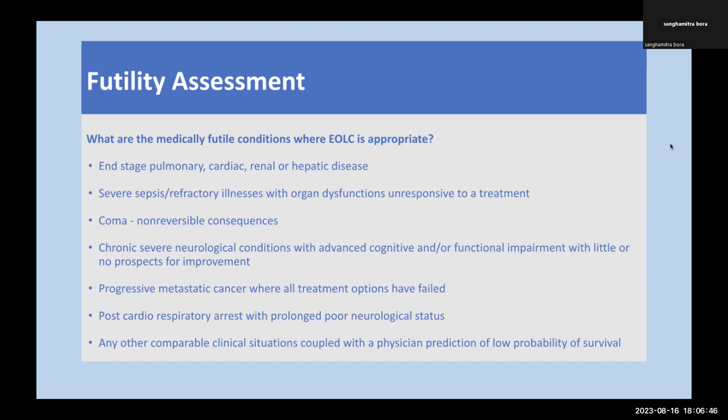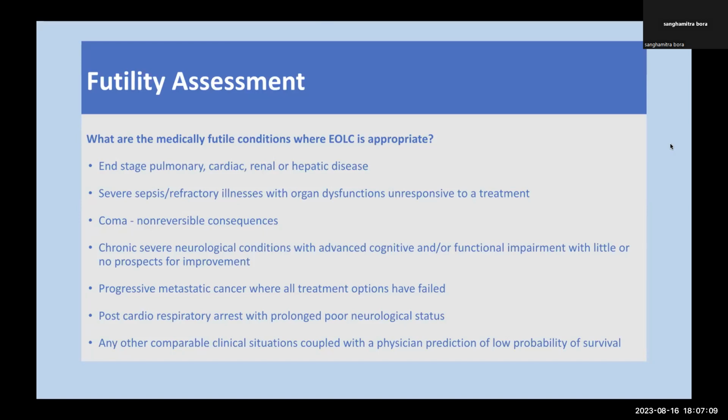There would be severe sepsis, refractory illnesses with organ dysfunctions unresponsive to treatment, and non-reversible consequences of coma. Chronic severe neurological conditions with advanced cognitive and functional impairment with little or no prospects for improvement.